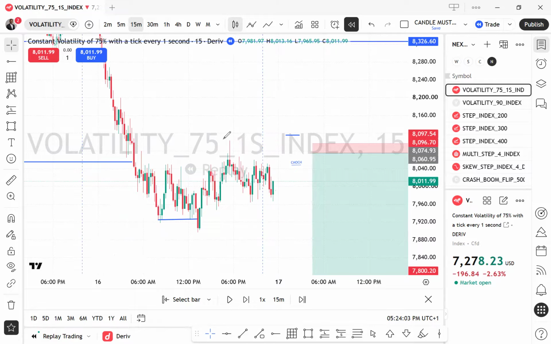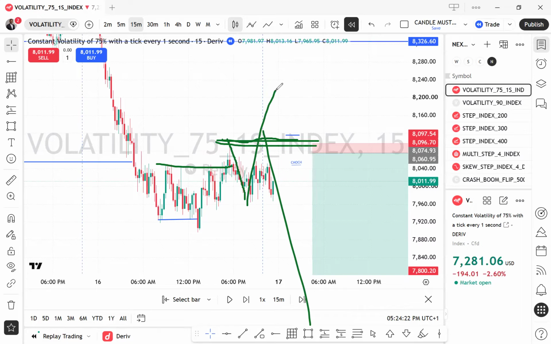So we have a level here. I'm hoping that the market will come to this level, okay, and come and sell. It will not break this level. That's what I'm hoping. But in a traditional trading analysis, since this area is broken, you are going to be looking for how to be buying. Okay, structure is broken here.